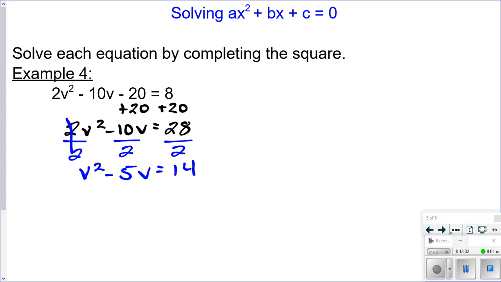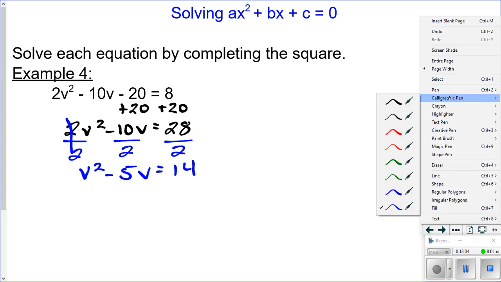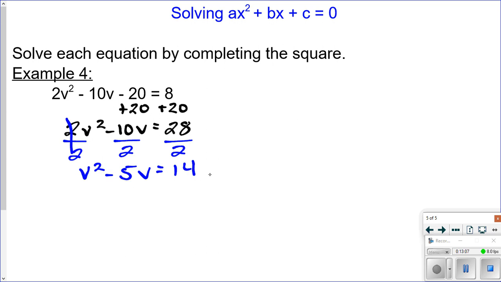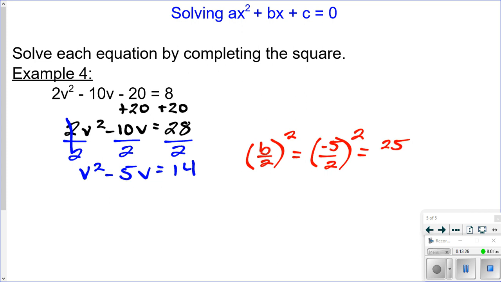Now I'm going to figure out the b value, or the b over 2 squared value, the value I need to complete the square. So b over 2 squared equals negative 5 over 2 squared. So multiply negative 5/2 times negative 5/2, and you get positive 25/4.